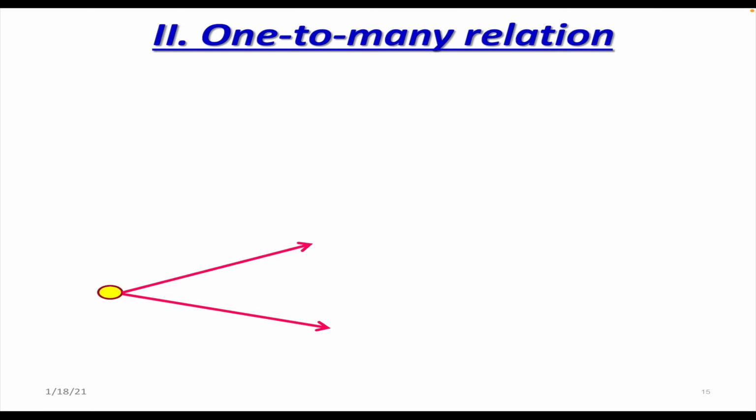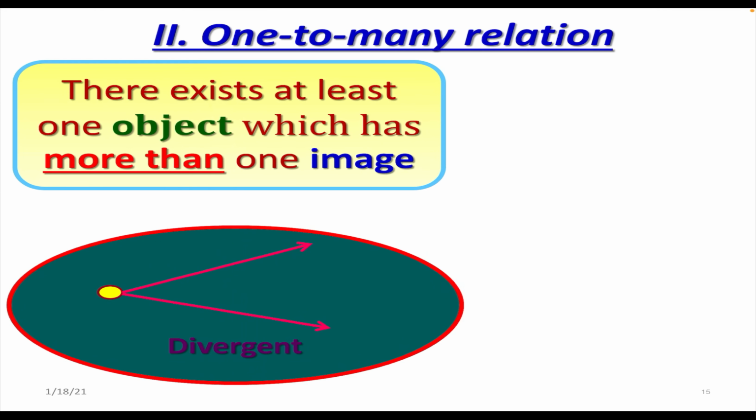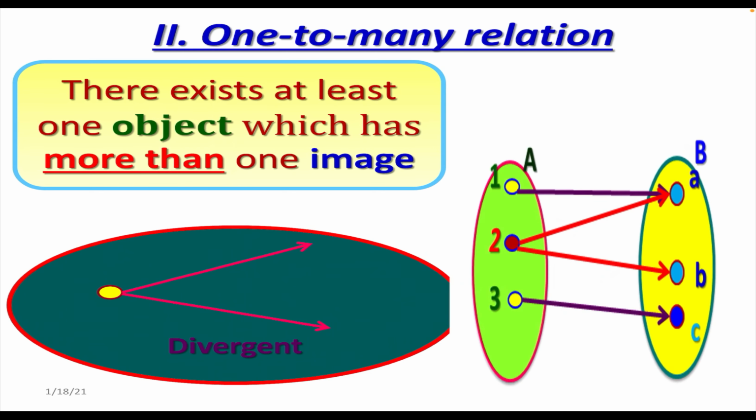Second type, one-to-many. So there exists at least one object which has more than one image. So we will have these divergent arrows, if you will. Here's the example. Element 2 has two images.